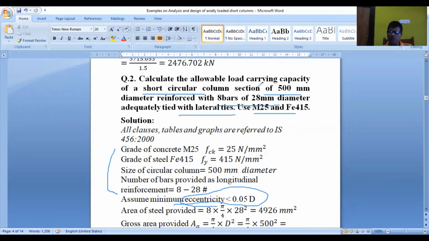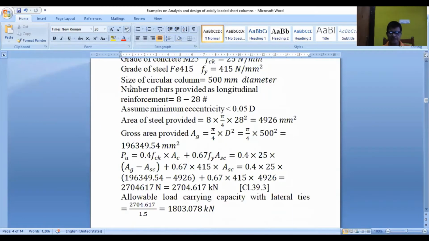Because the effective length is not given in the question, we cannot find this minimum eccentricity, so assume that it is less than 0.05 D. Now calculate the area of steel and the gross area like the previous problem. The area of steel will be 8 bars, so pi by 4 into 28 square into 8, and the gross area will be pi by 4 D square.